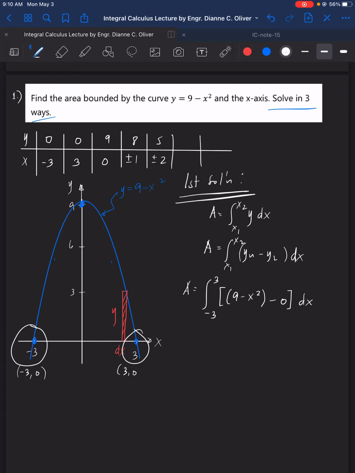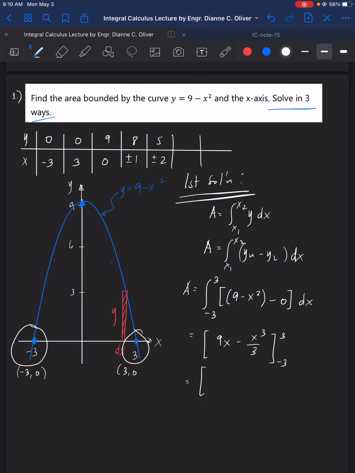Now what we have learned from the last video about definite integral is that for the long method, we integrate this as 9x minus x raised to 3 over 3. Then evaluate it with the limits negative 3 to 3.